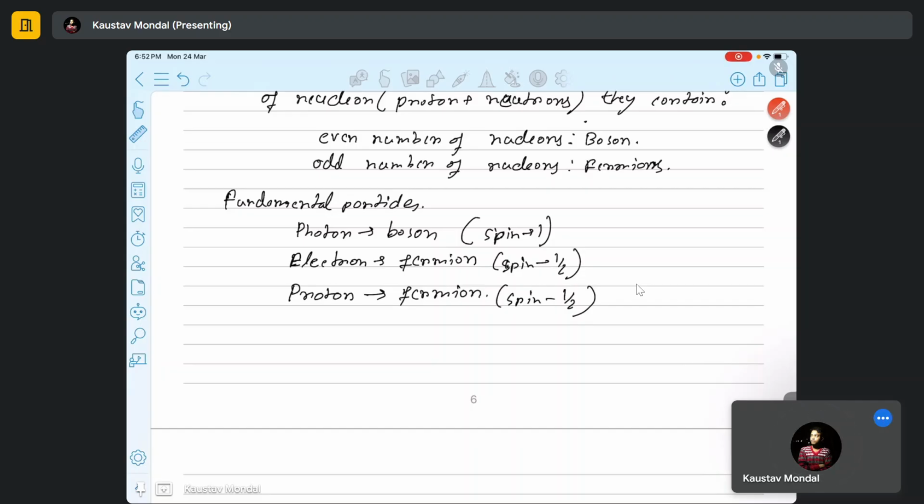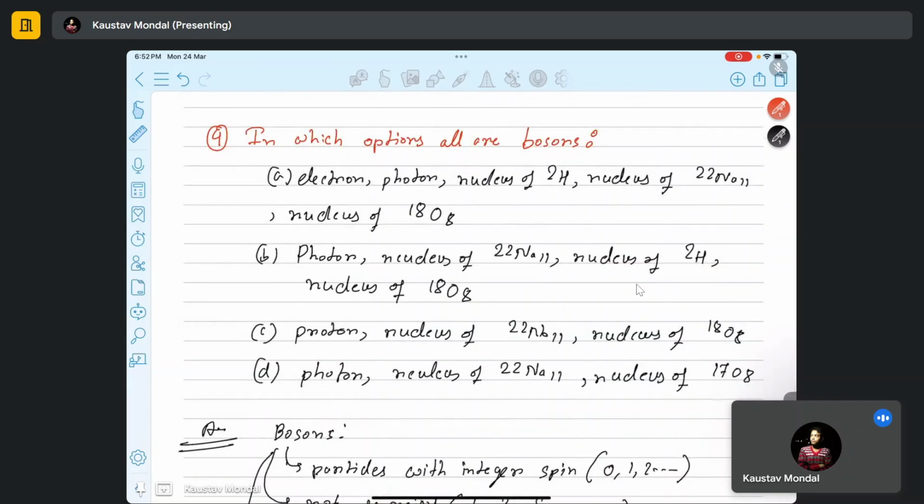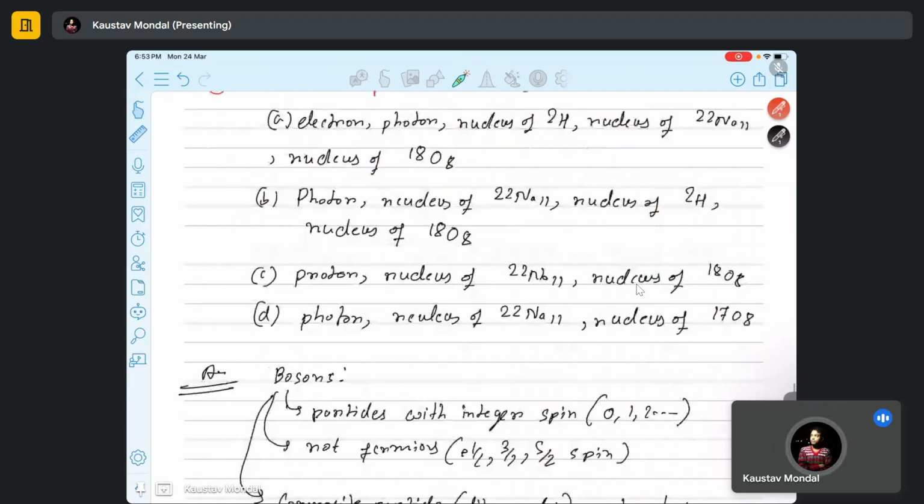Now let's take option 1. As you can see, the electron is already there, so we don't need to check the other nuclei, because the electron means not all are bosons. So option 1 is not the correct answer.